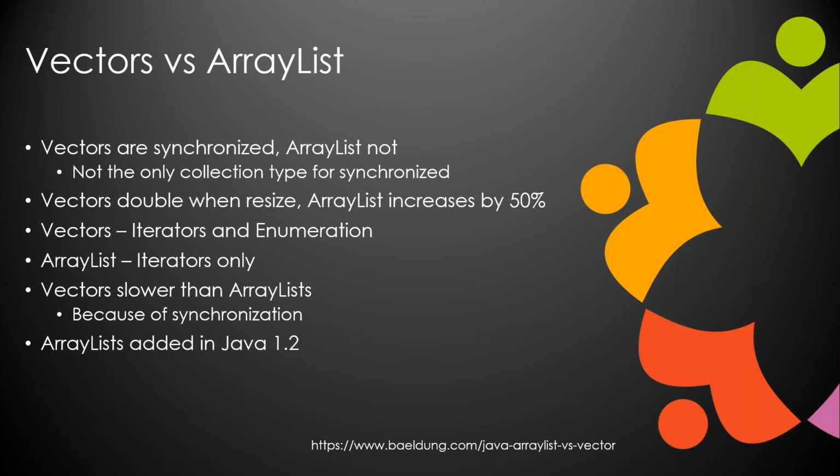When you get to the limit of a vector, it doubles when it resizes, whereas ArrayList only increases by half. So ArrayLists are better performant for that. With ArrayLists, you can only use iterators to iterate over. With vectors, you can use iterators and enumeration.